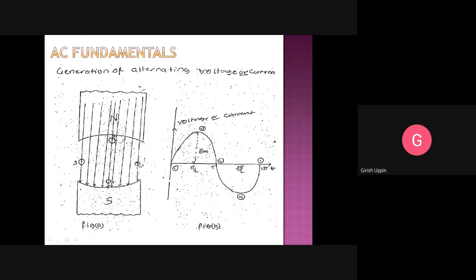This conductor will now be like a voltage source, and if I connect any resistor across it, it will make a closed path. Then we will have a current inside that resistor.